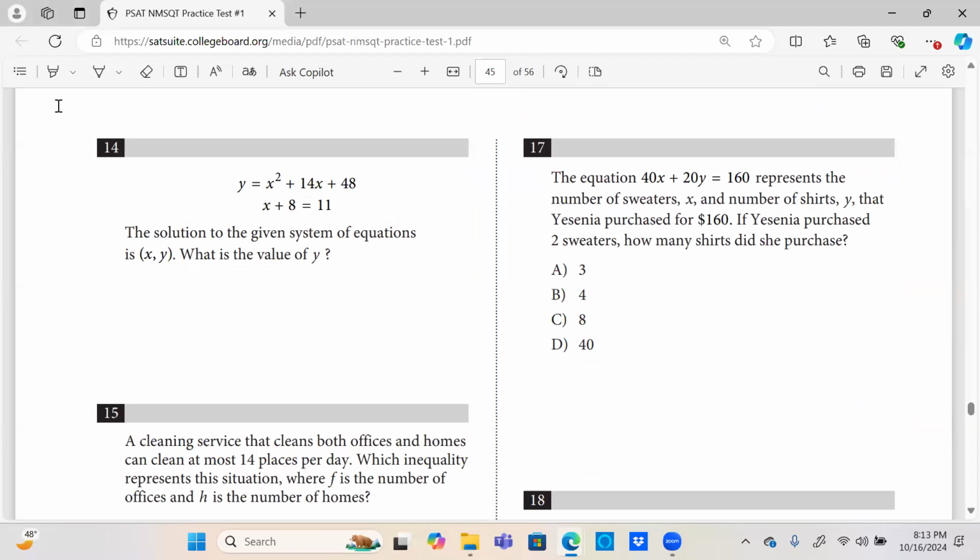The solution to the given system is (x, y). What's the value of y? That is going to be easier to go to Desmos. So I'll do it in Desmos first, and then I'll do it by hand for anybody interested. Okay, so coming to Desmos, y equals x squared plus 14x plus 48.